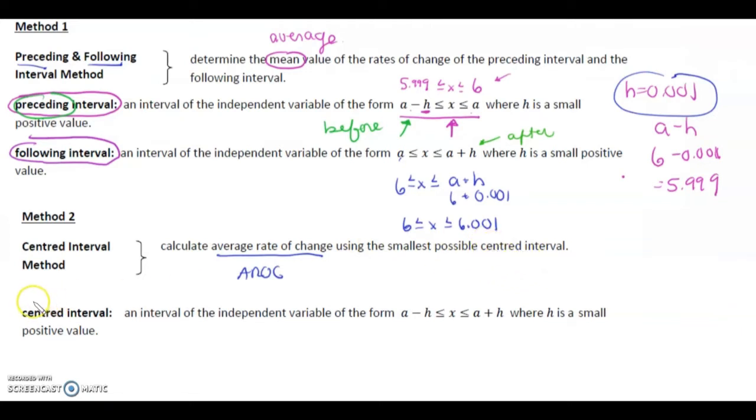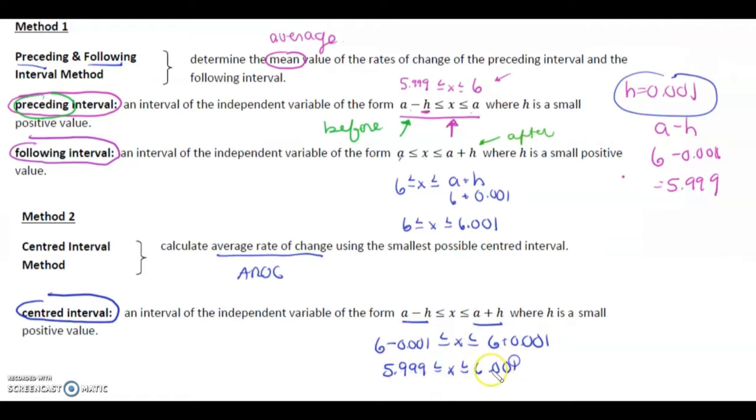A centered interval is in this form here. So for example, 6 minus 0.001 or 6 plus 0.001. We would plug in the points 5.999 and 6.001, and then find the average rate of change with those two points.